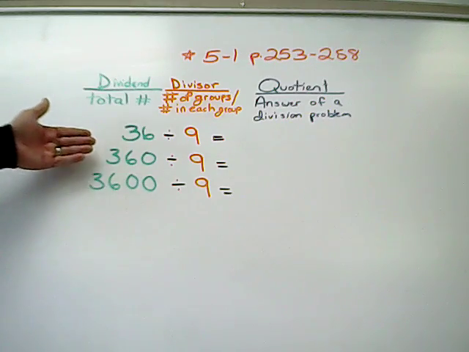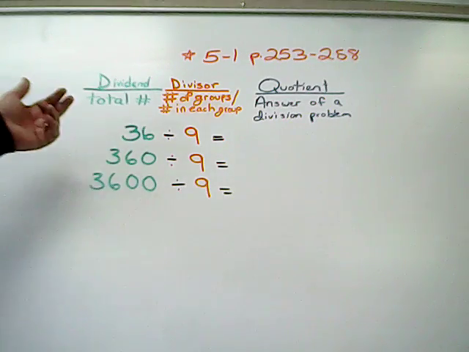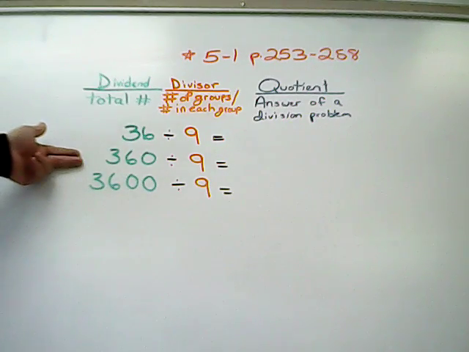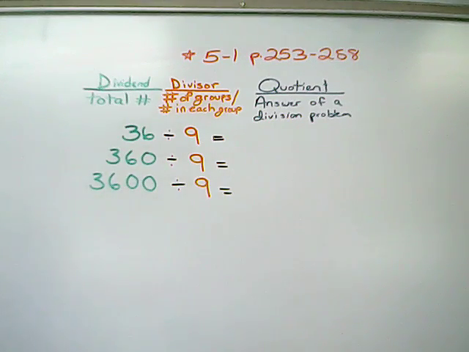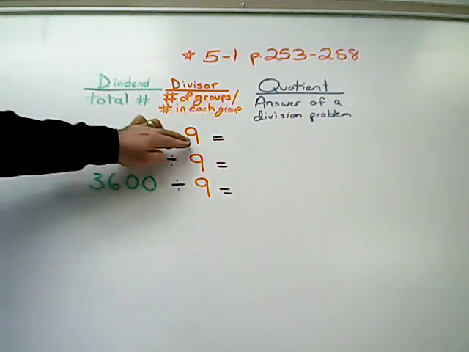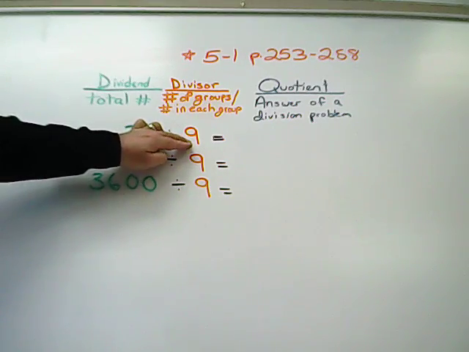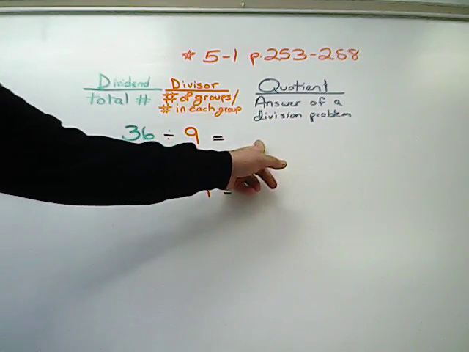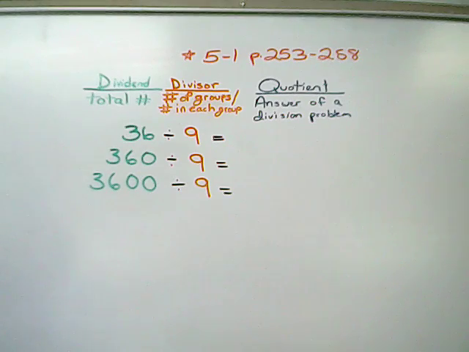Here you see I have three very similar looking problems: 36 divided by 9, 360 divided by 9, 3,600 divided by 9. I'm going to use the same basic fact to help me solve all three problems. The first one, very simply, if I have 36 items and I divide them into 9 groups, how many items will be in each group?